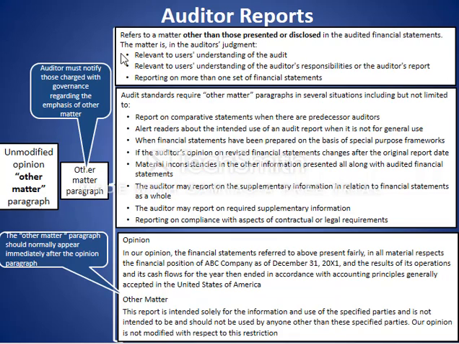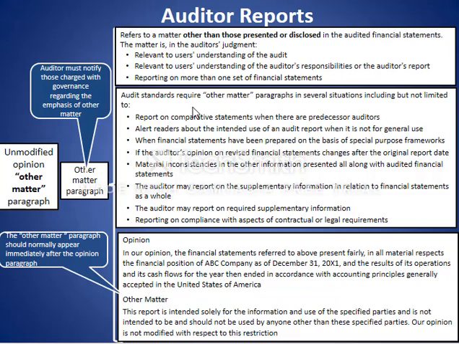The condition for the other matter paragraph to occur is that, in the auditor's judgment, the other matter is relevant to the user's understanding of the audit, relevant to the user's understanding of the auditor's responsibilities or the auditor's report, and the last item is relevant when reporting on more than one set of financial statements.